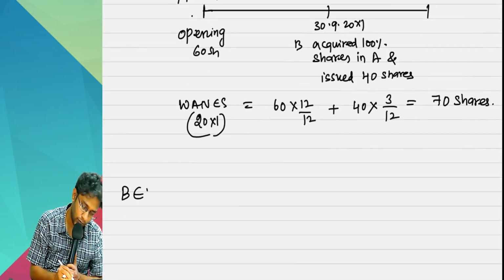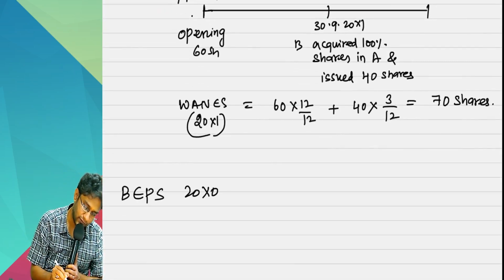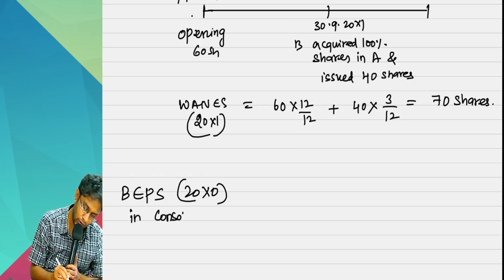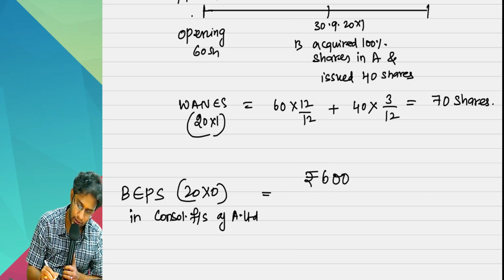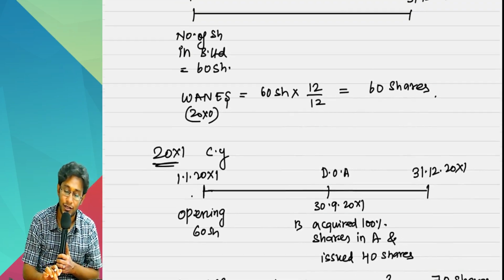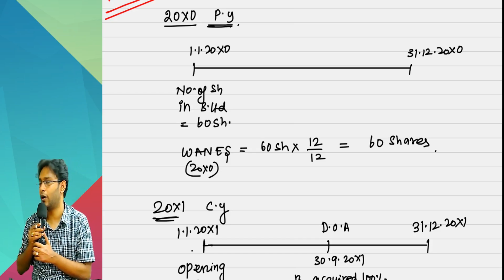So basic EPS for 20X0 in consolidated financial statements of A Limited is equal to, last year earnings was 600. 600 belongs to how many shares actually? Actually, those 60 shares they should belong.